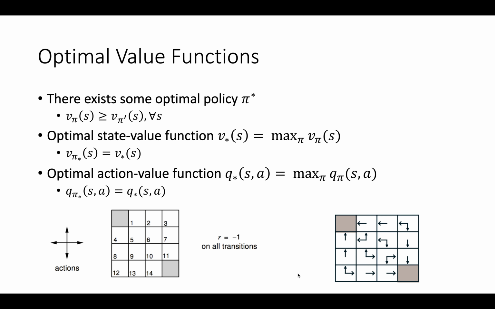The optimal state value function is just the value of each state under some optimal policy, and of course we can use V star for this. In general, there can be many optimal policies. In our grid world example, the bottom right is an optimal policy, but we can see there's some flexibility in states 9 and 6. So I could say in state 9, go left, and that'd still be optimal.